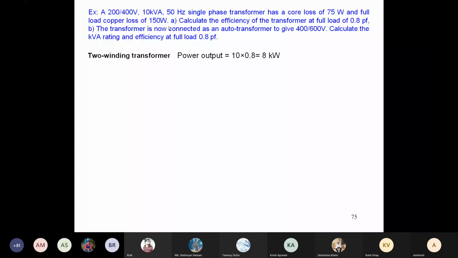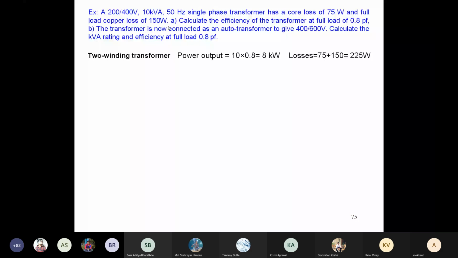So what is the efficiency? Who has found the efficiency? 0.9726. Something like that you will get. So your losses are basically 75 watts, which is the core loss, plus 150 watts, which is the full load copper loss.